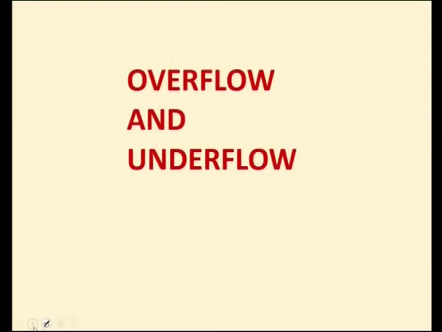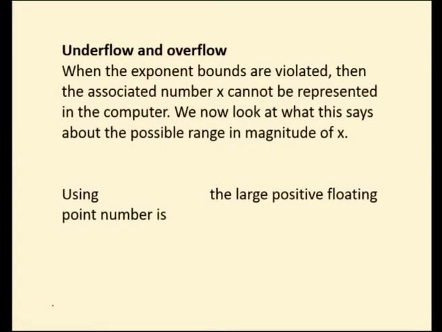Next, we have to talk about what is meant by overflow and underflow. When the exponent bounds are violated, then the associated number x, what is the exponent bounds we have taken?